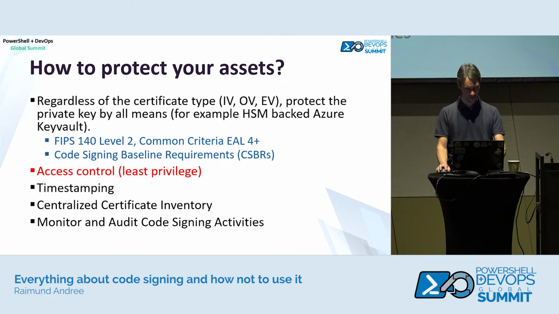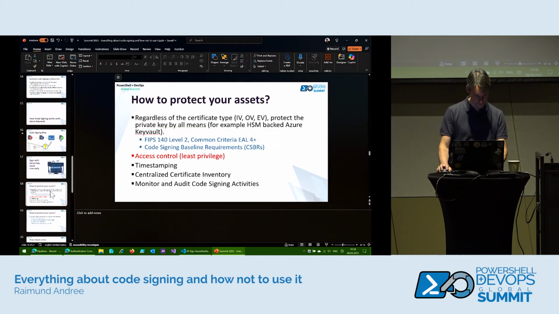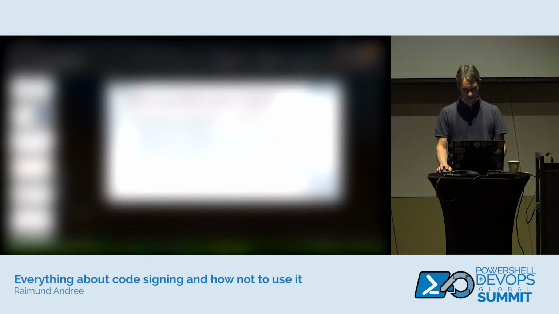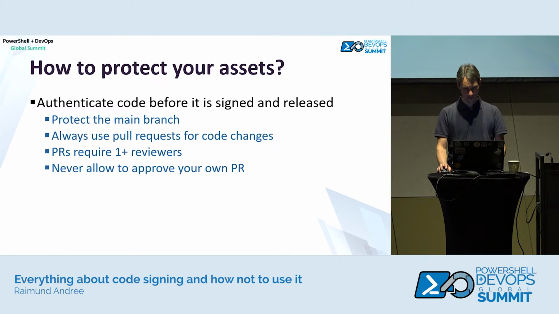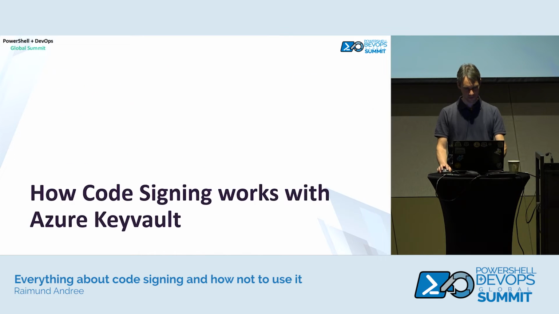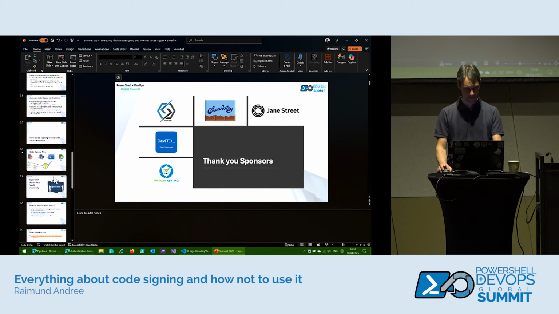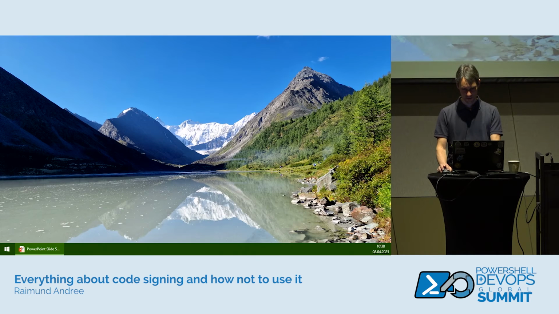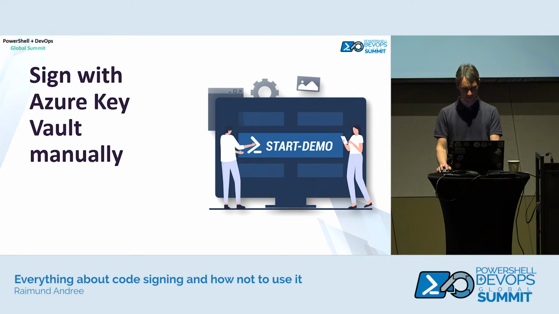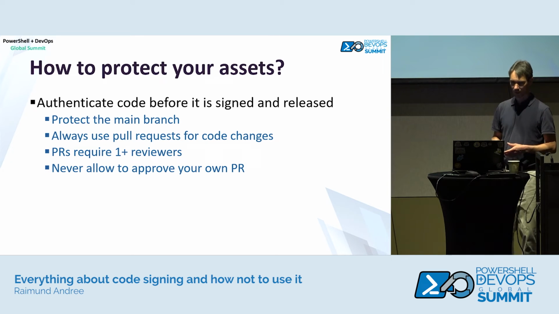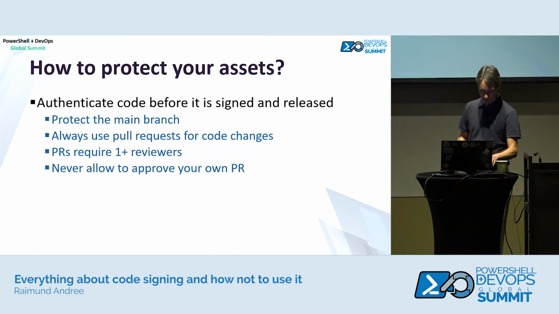And still, I'm not sure where, no, somehow I messed up the order. Let's move it down here. Okay, no, that was the wrong slide. Again, this was our demo, signing with Azure Key Vault manually. And again, didn't I just change the order?